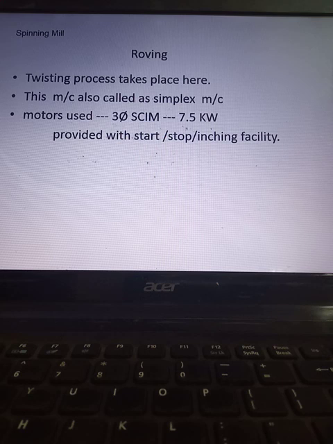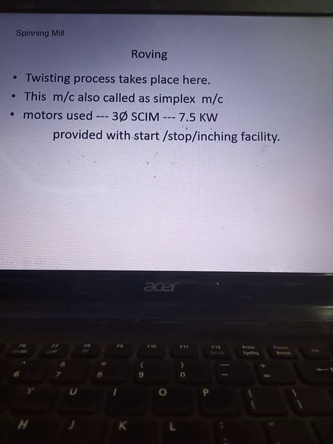For that you need to run the motor very slowly, inching. So all this gives us the requirement of the process involved here, and what fits this requirement is a three-phase squirrel cage induction motor with solid state control, with V by F control, all the modern control features, so that the smooth running will be there.